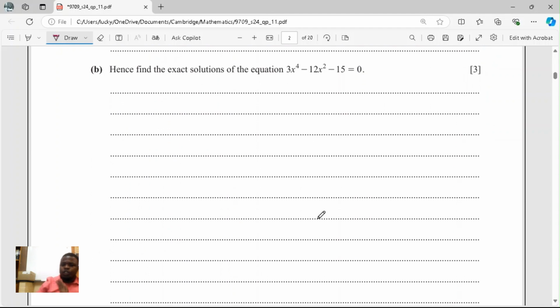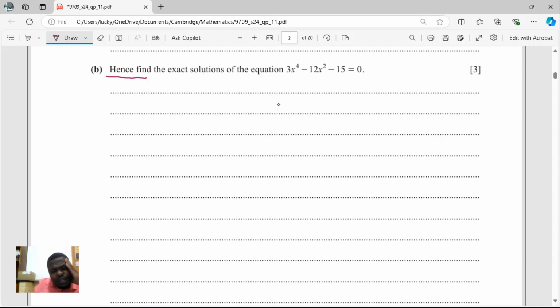The next question, I like it when they say this. Even though there are other approaches that you can use, it is advised to base this off your previous working out. They are saying, hence, based on your previous working out, find the exact solution for this particular equation.